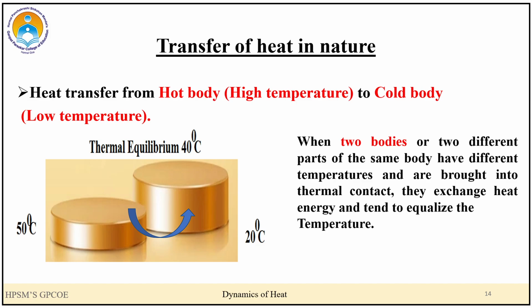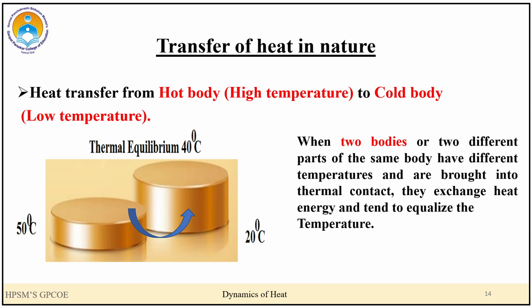Basically, transfer of heat in nature is carried out in this form: heat transfers from a hot body, that is higher temperature, to a cold body, lower temperature. If we consider two metals, one at 50 degrees Celsius and the second at 20 degrees Celsius, both can exchange heat from the 50 degree metal to the 20 degrees Celsius metal, and they will achieve thermal equilibrium at 40 degrees Celsius.